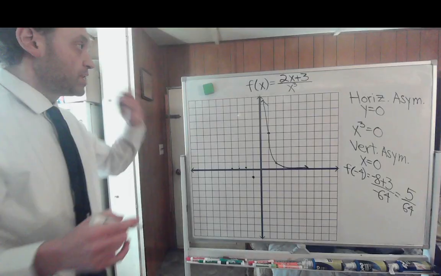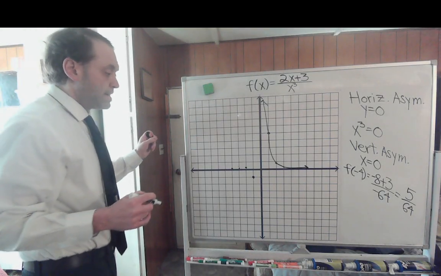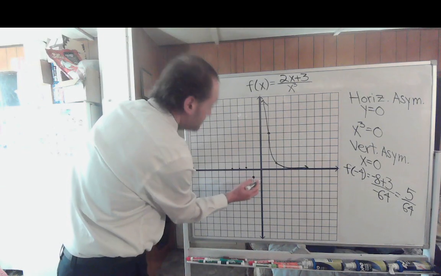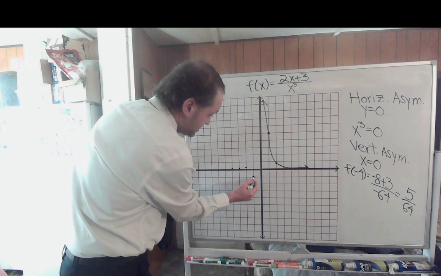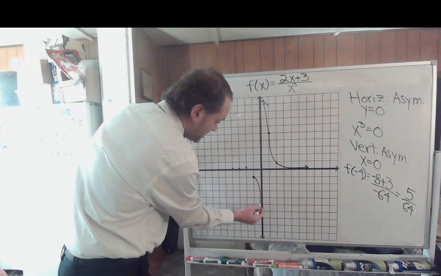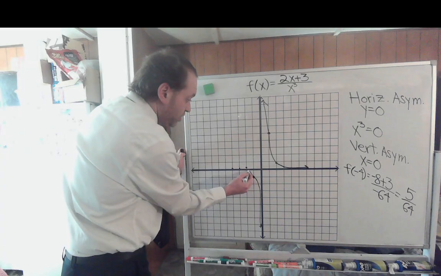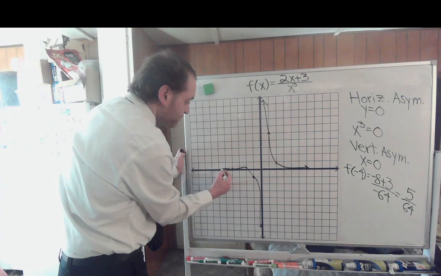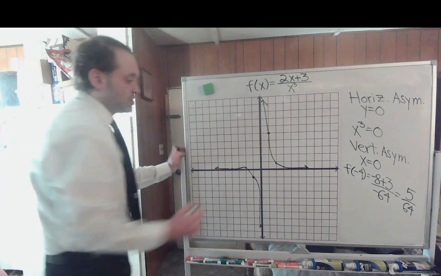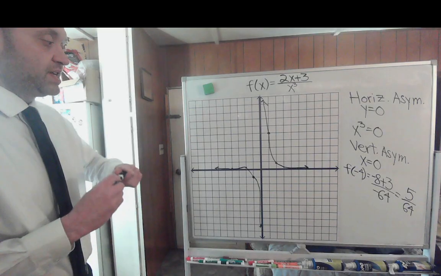So here's what's going to happen. To the right of -1, it's going to get real close to y equals 0, and then it's going to temporarily cross y equals 0, and then it's going to loop around to ride the asymptote above y equals 0.